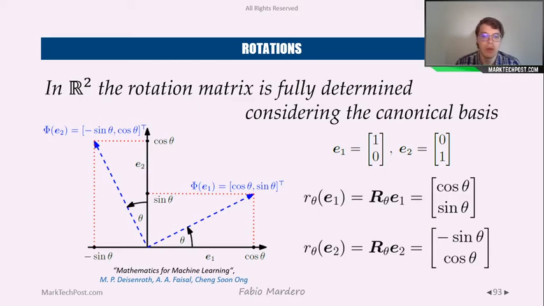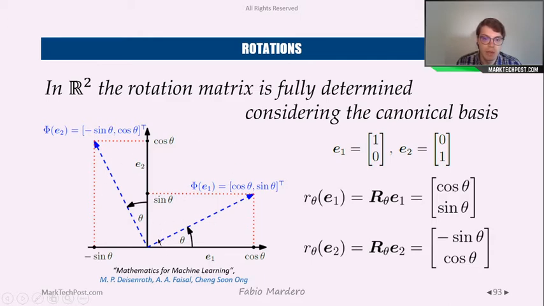So we rotate the canonical basis by an angle theta. To express this operation, we can of course use the rotation matrix, and then we want to determine the result. Well, the result can be determined considering this graph.